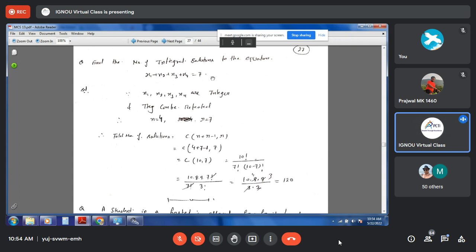Similarly, 3 plus 2 plus 1 again 7. So there are so many ways. Like this, minus 2 plus 5 plus 3 plus 1 again equal to 7. Integer means it may be positive or negative. It means the repetition is allowed.